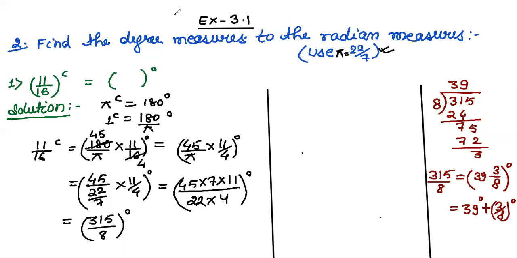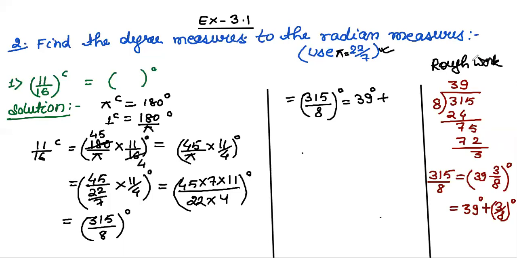So I will write 315 by 8 degree, we have converted into 39 degree plus, this is rough work, 3 by 8 degree.